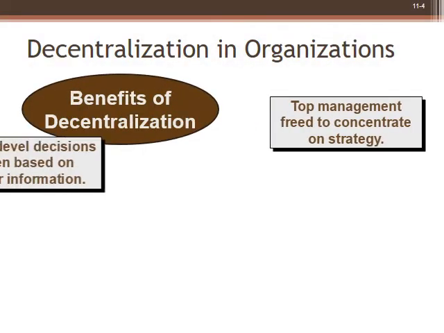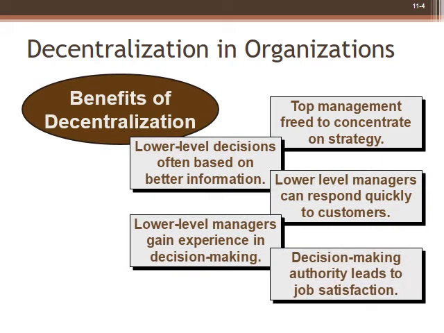Since a decentralized organization does not confine decision-making authority to a few top executives, rather, the decision-making authority is spread throughout the organization. The first advantage is that it enables top management to concentrate on strategy, higher-level decision making, and coordinating activities.